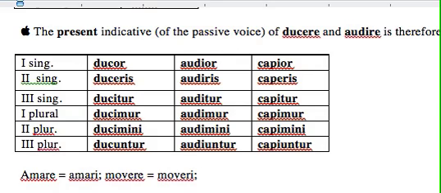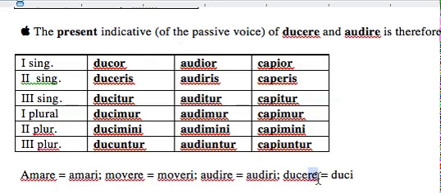Now, this is exactly the same for the fourth conjugation. So, for example, for the verb audire, to hear, you have audiri, to be heard. The only one that changes and that is different is the third conjugation, where you have ducere, to lead, duci, to be led.